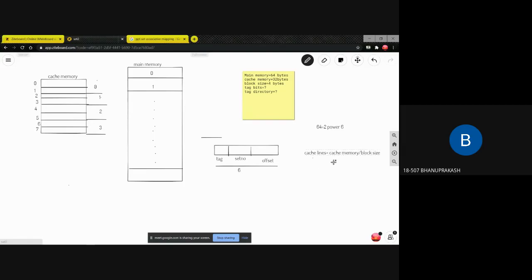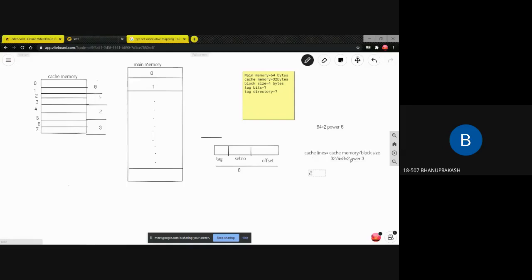So we have 32 divided by 4, which equals 8, which in turn equals 2 power 3.